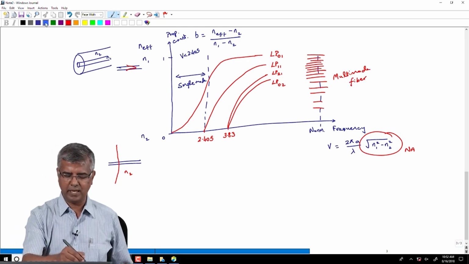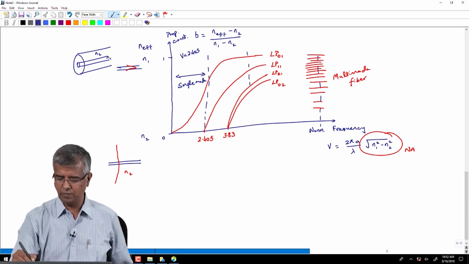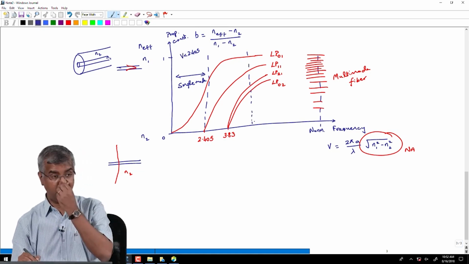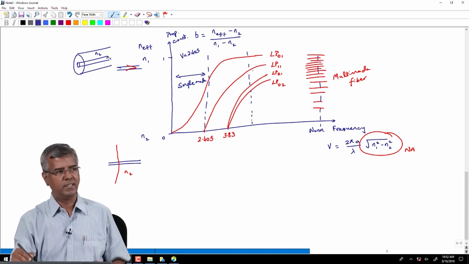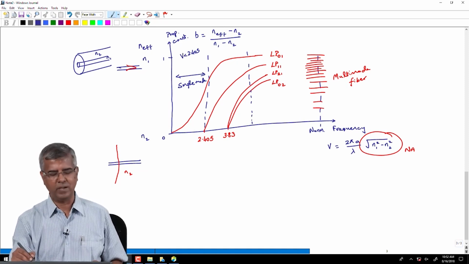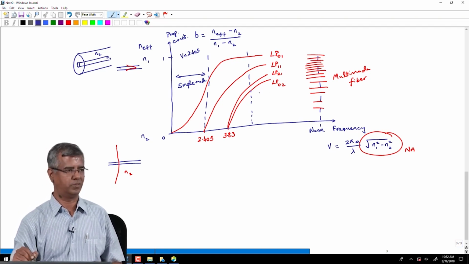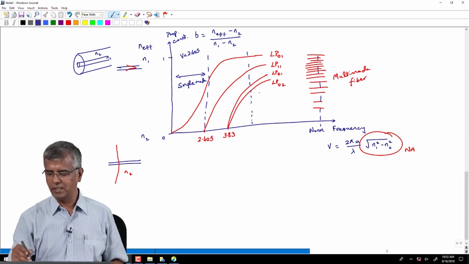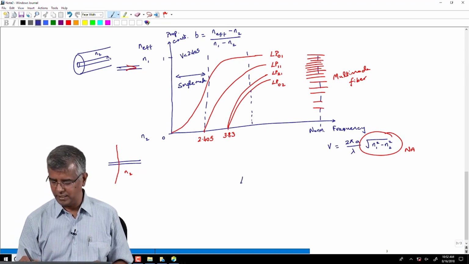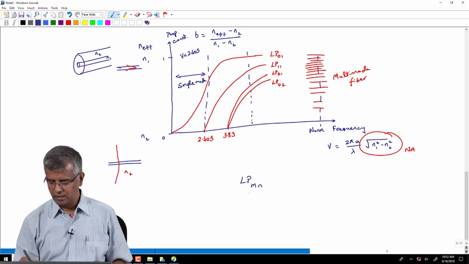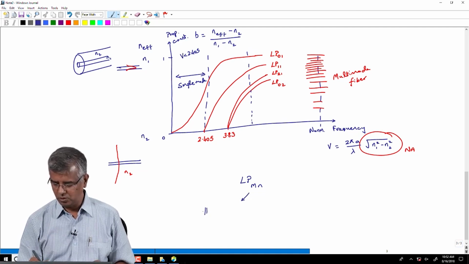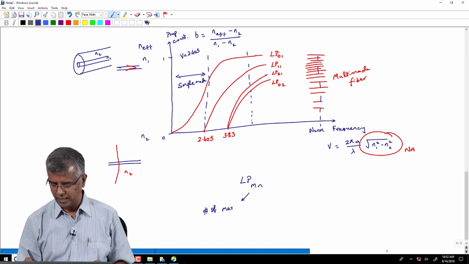And then you could of course have a fiber where, for a given wavelength, the V is defined somewhere over here, and you may be able to see in this case only these specific modes. The interesting part is these modes, which are generally called LP MN modes: M corresponds to the number of maxima in the phi direction.